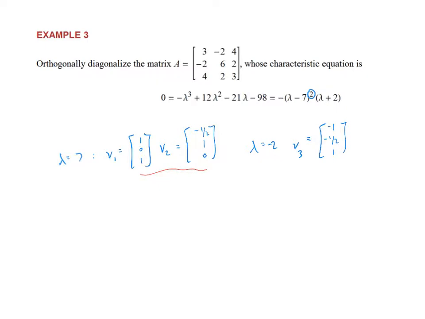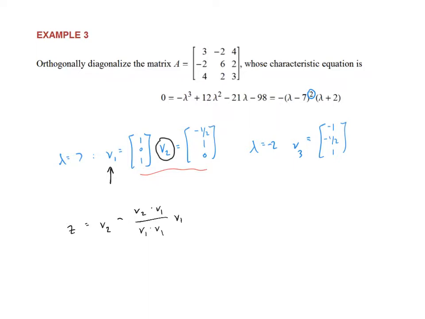We're going to take V2 and orthogonally project it onto V1, and we're going to call our orthogonal projection Z. The formula, if you don't recall it from Chapter 6, is vector V2 minus this dot product over that dot product times that vector.